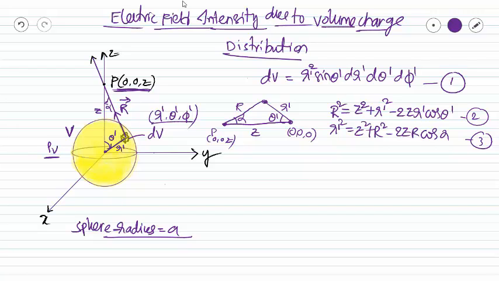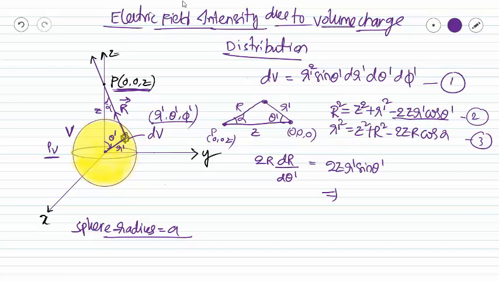Now from equation number 2, if I differentiate with theta dash, I get 2 r dr by d theta dash equals 2 z r dash sin theta dash, because differentiating cos theta dash gives minus sin theta dash, and minus into minus is plus.